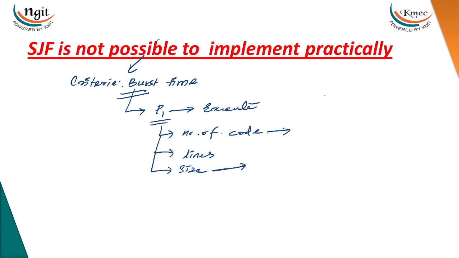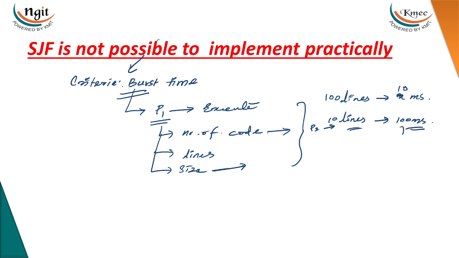There are certain programs which have 100 lines and execute within some fraction of a second, within some x milliseconds. But the same program you can write in 10 lines by using a loop that will execute for more, say 10 seconds, while this particular program P2 can have only 10 lines of code which will execute for 100 milliseconds.